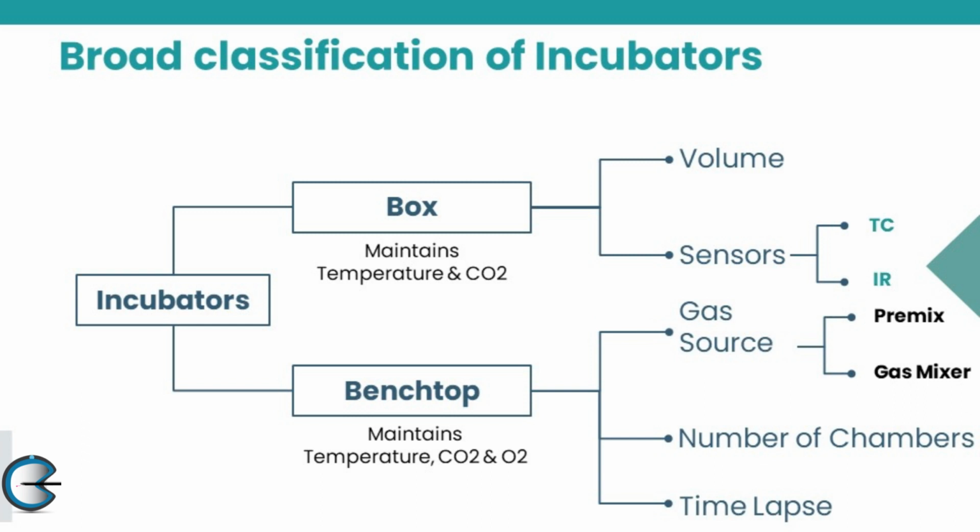Roughly, box incubators can be differentiated based on its size or volume and the type of sensor it has for measuring carbon dioxide or CO2. So there are two types of sensors for measuring CO2, that is TC or thermal conductivity sensors and IR, which is infrared sensor.